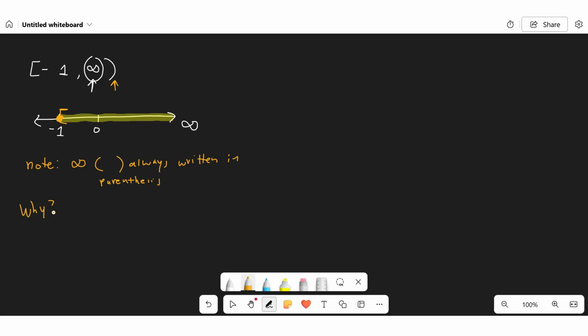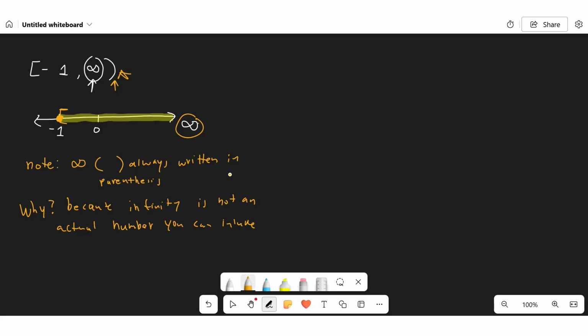Let's answer why. Well, because, let me write a little note here. This is very important to write our notes. Infinity, because infinity is not an actual number, right? So if we were to include infinity, what number would we be including? So there isn't an actual number you can include. So infinity will always be written with parentheses next to it.